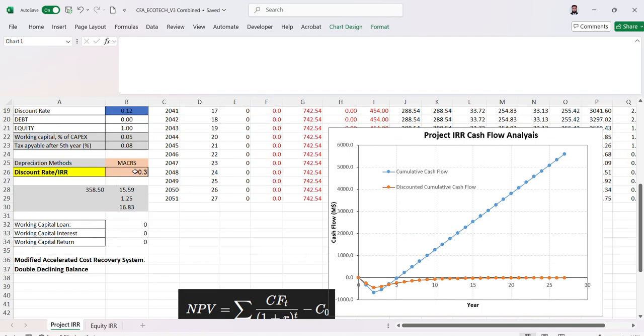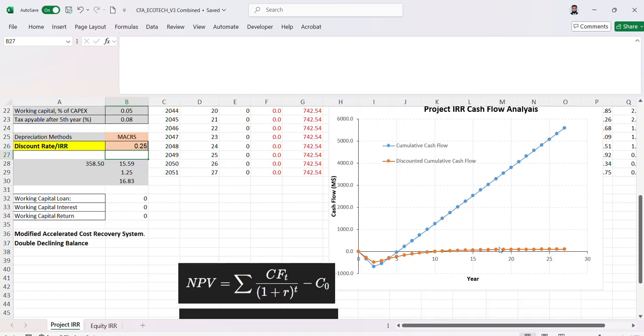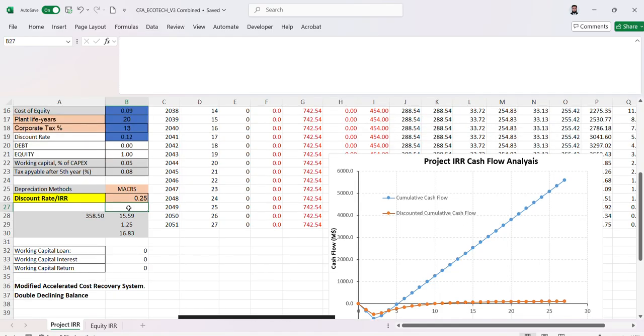But when can you say the project is profitable? Only when it is less than 0.3 or well below 0.3. Let's say it's a 25% discount rate, at this moment it's a discount rate because the net present value is not zero at the end of the project. So at 25% discount rate, the project is profitable, but it's not attractive.